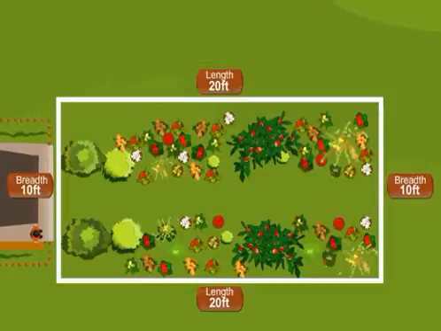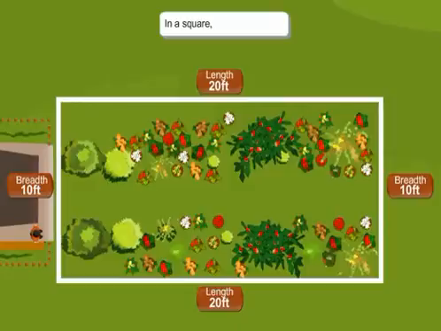Using the formula for the perimeter of a rectangle, we can find the perimeter of a square. We know that a square has 4 equal sides. Therefore, in a square, length equals breadth.